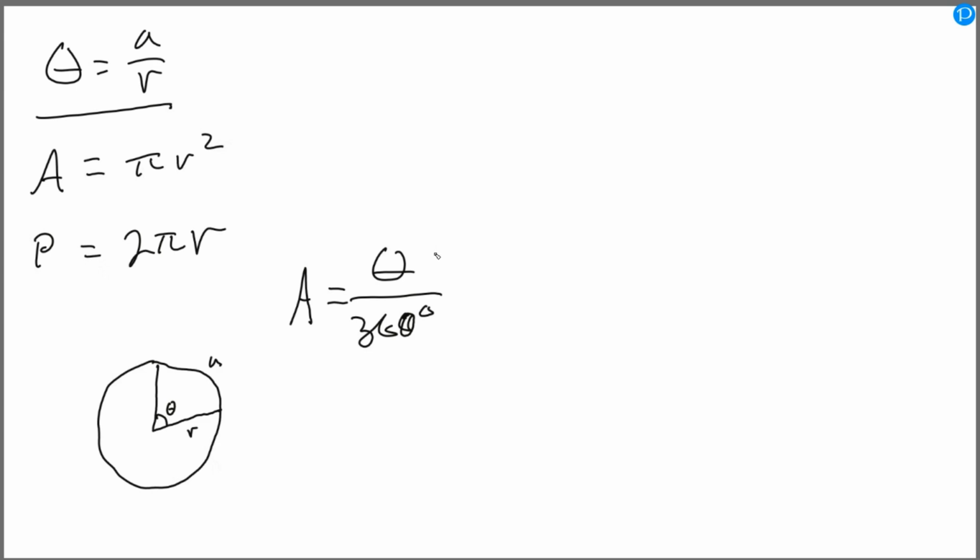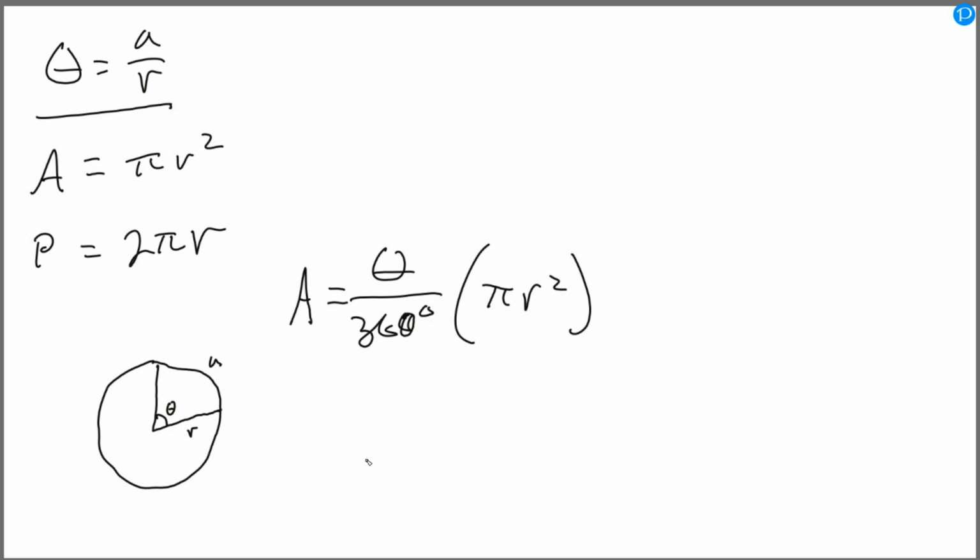That's the fraction that the slice takes up of the total circle. And then we can just multiply that by the formula for the area. So if you're looking at the whole circle, theta would be 360, that's 1, and you just get the original formula.